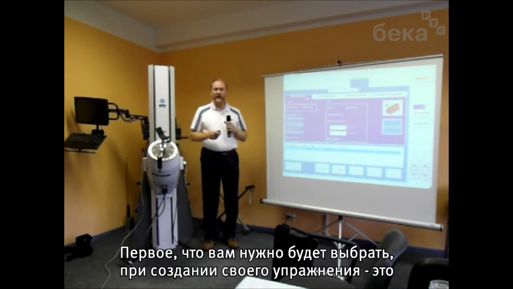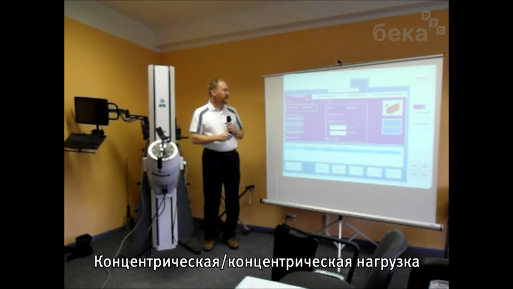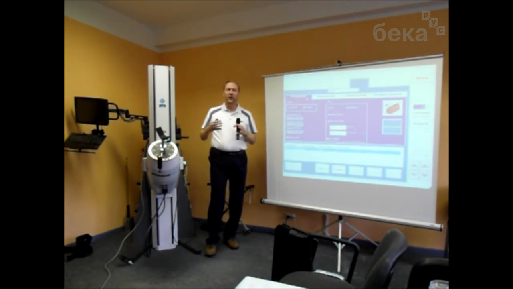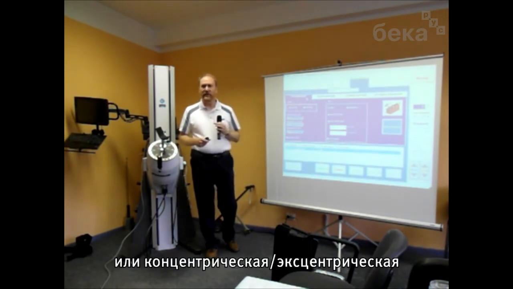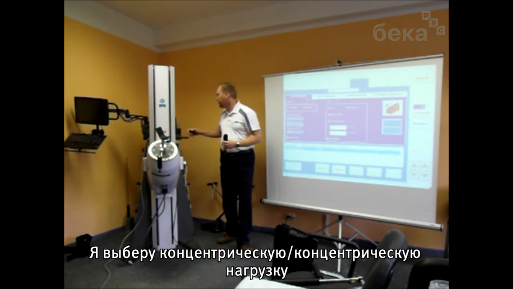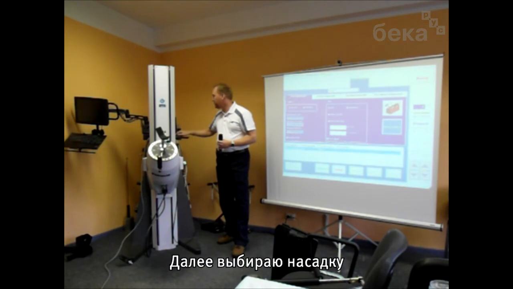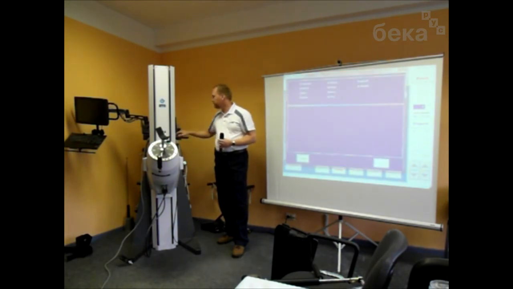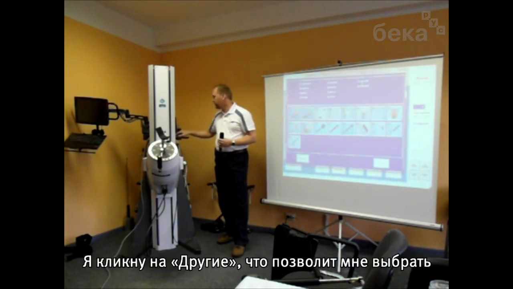So your first choice in creating a new custom exercise is to select whether you want the concentric muscle load or the concentric eccentric muscle load. So I would choose concentric, and then I would choose the attachment. I'm just going to choose other.